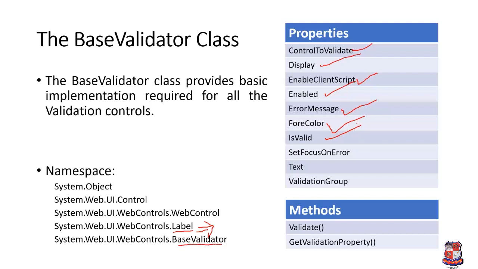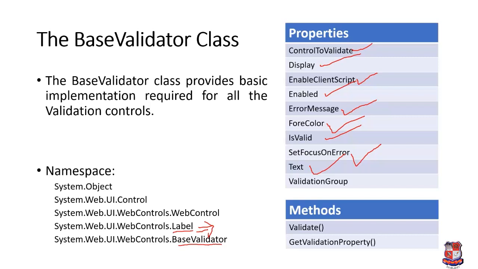This property is used to handle a value that indicates whether the associated input control passed validation or not. Next is SetFocusOnError. This property is used to handle a value that indicates whether the focus is set on the control specified by the ControlToValidate property when validation fails.